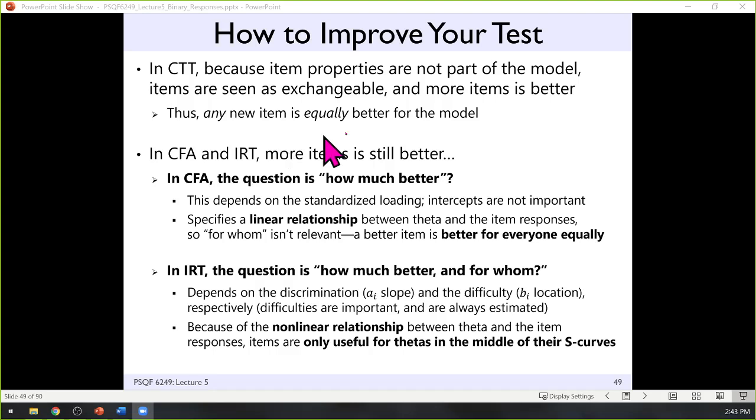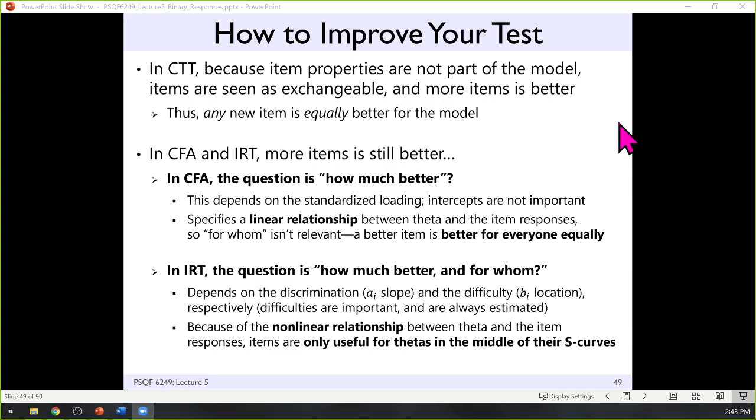All right, so the idea that not every item works for everybody is a consequence of the nonlinear model. And so we can't just look at factor loadings and decide whether or not an item is good. And we can't just select items based on their factor loadings like we could in CFA. We have to know where they're good.